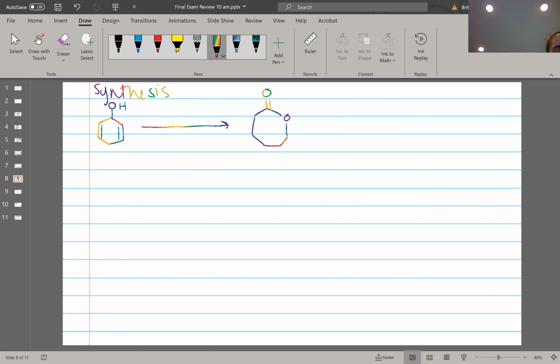We're starting off with a 6-membered ring and ending with a 7-membered ester. What must be the last step of this reaction? There's only one way that you guys know to make a cyclic ester like that.